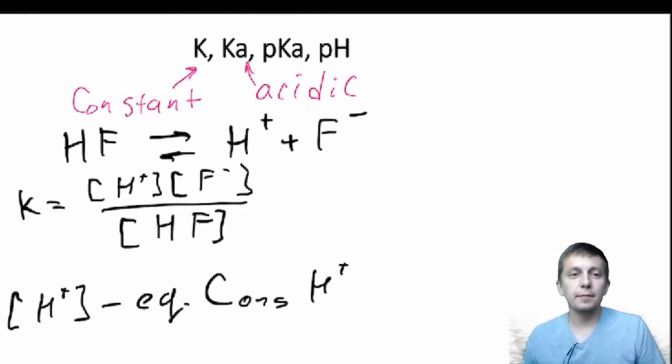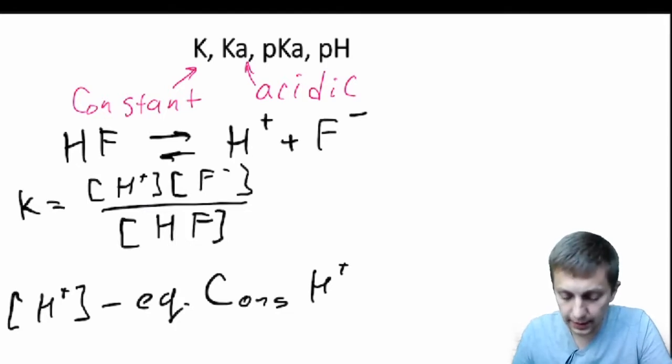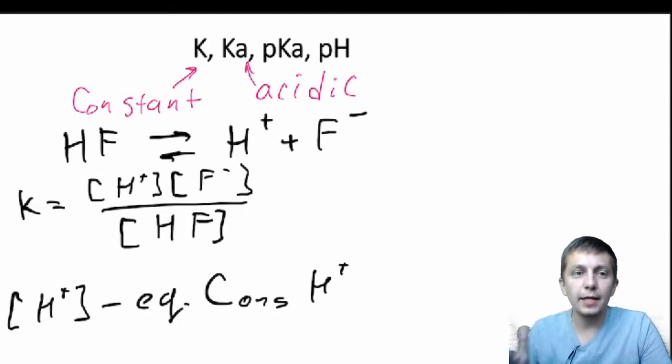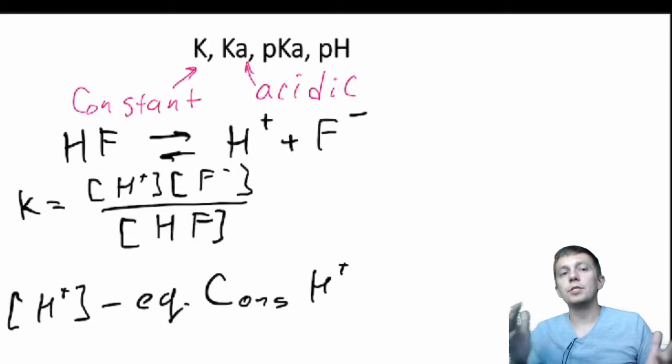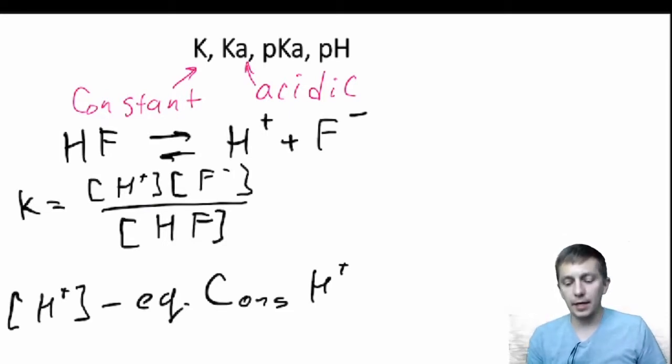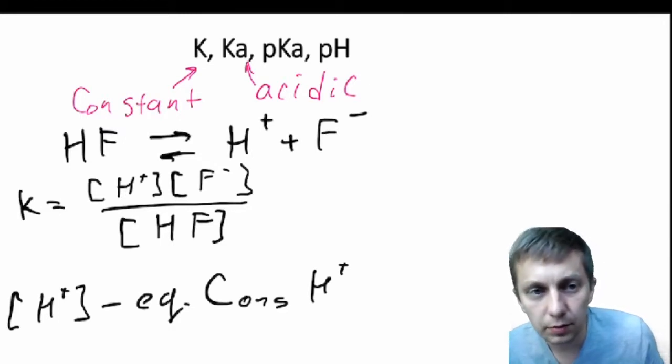But sometimes the acid is very weak. For example, for any weak acid the equilibrium is shifted to the left, and the equilibrium constant will be something like 0.000. It's not very useful.